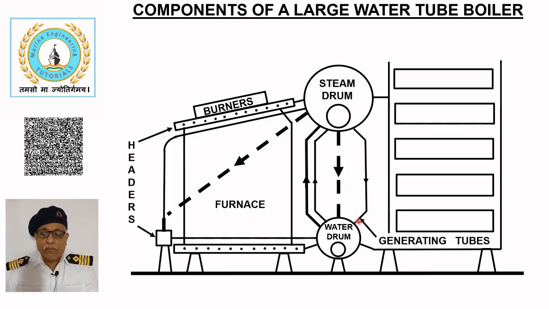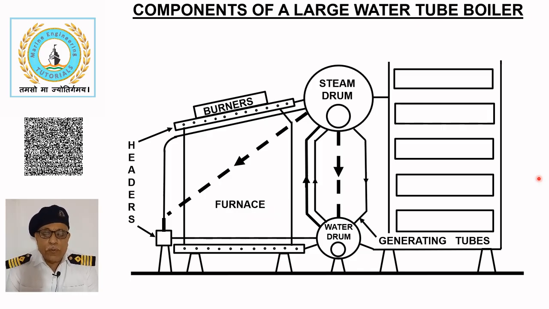Generating tubes. A large number of small diameter generating tubes are placed in the main flow of hot gases, providing a large heat transfer surface where steam generation occurs, mainly by convection. Their minimum diameter is determined by allowable steam to water ratio to prevent overheating and tube failure.